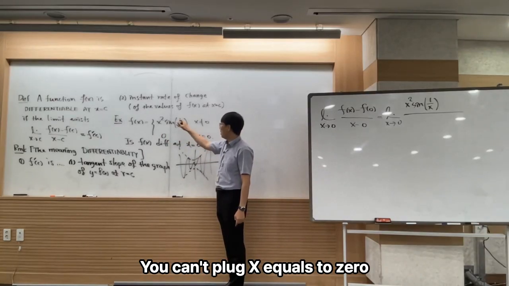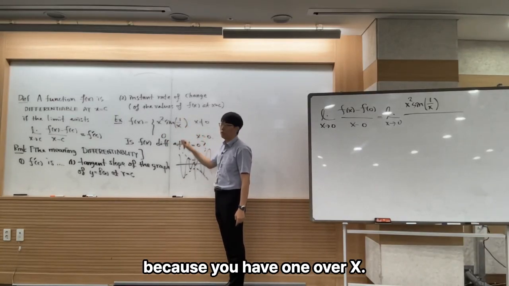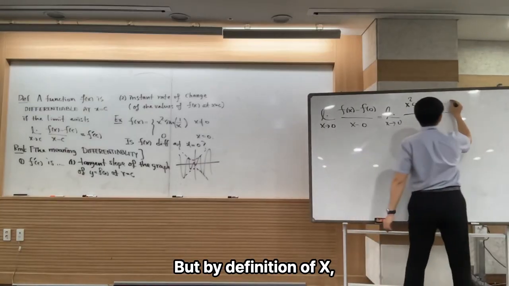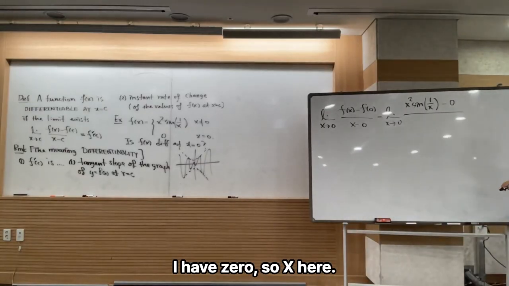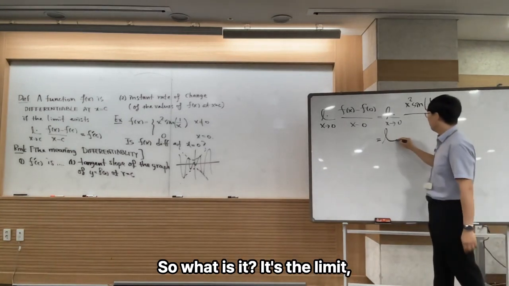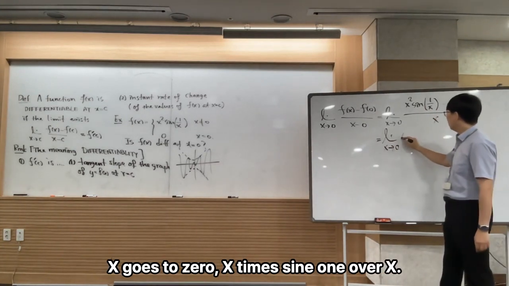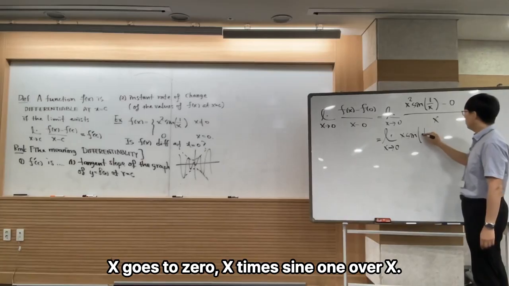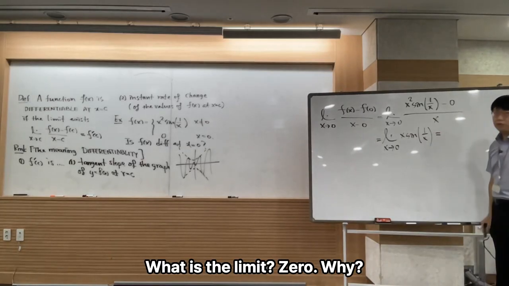You can't plug x equals 0 into the formula because you have 1 over x, but by definition I have 0. So the expression becomes the limit as x goes to 0 of x times sine 1 over x. What is the limit? 0.